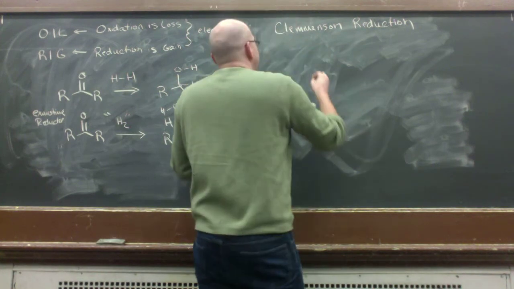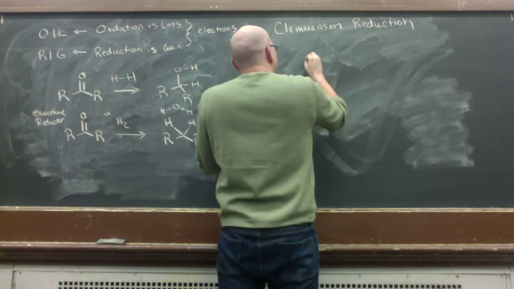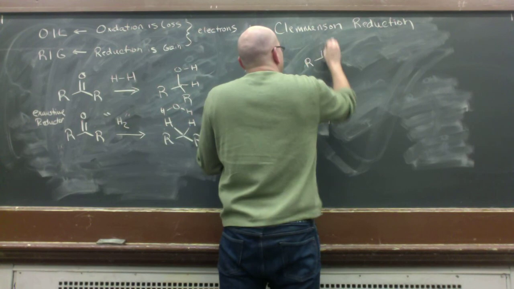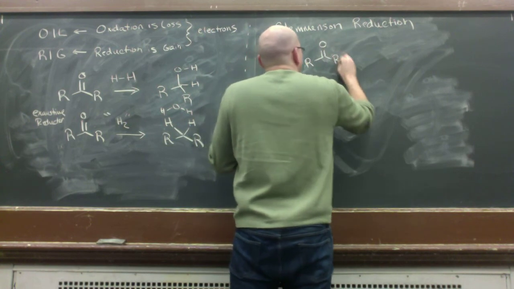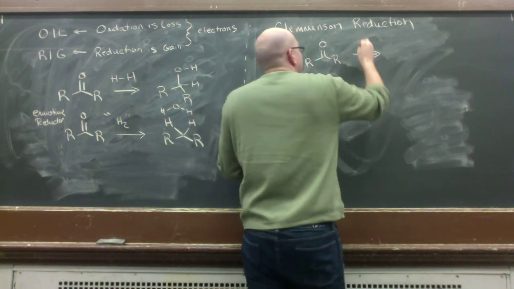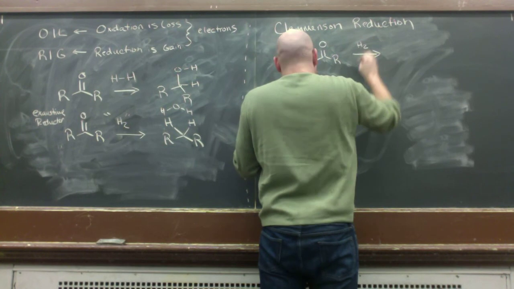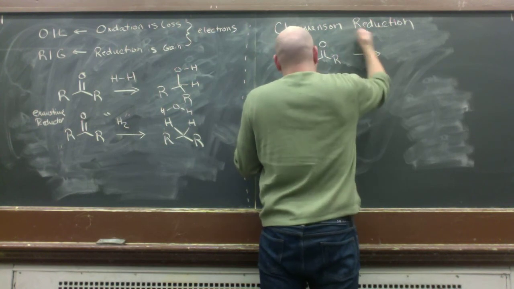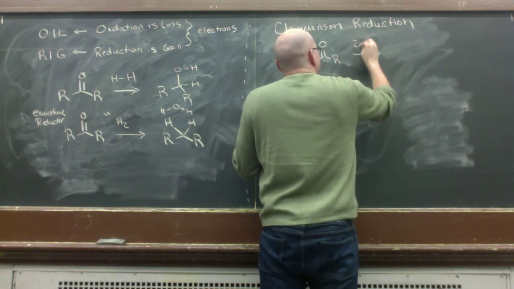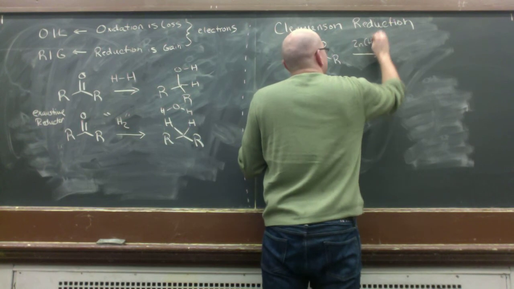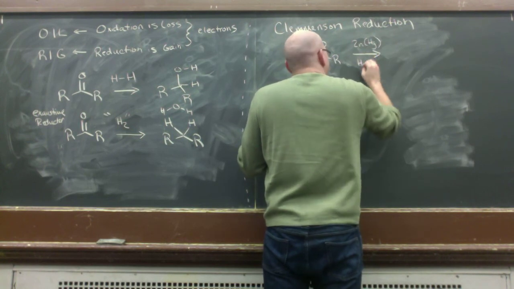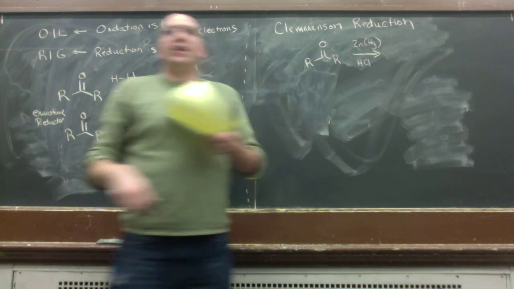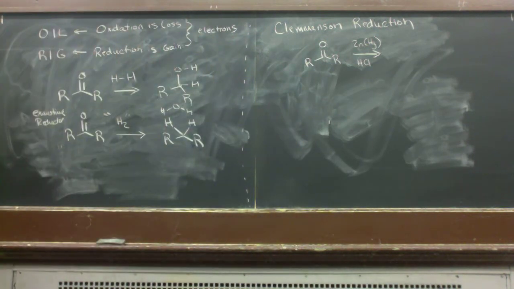And so in many ways, a Clemmensen reduction basically takes this zinc mercury amalgam, you treat it with HCl.